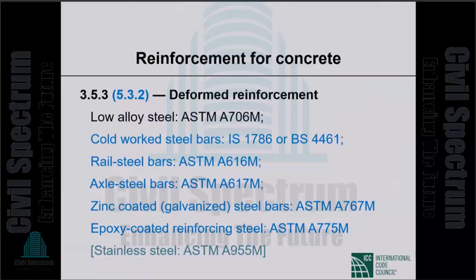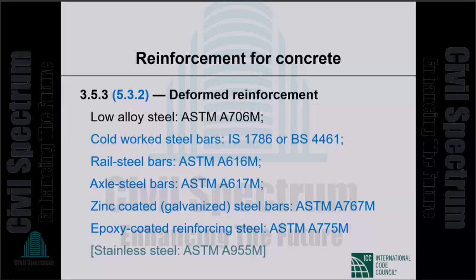Stainless steel is recognized in ACI 318-08 but not in BNBC 2020. Dr. Rakib tells me that epoxy-coated reinforcing steel is used in Bangladesh, particularly in coastal areas for basements and things like that. I'm talking about building applications. Those have applications in pavements and so forth.